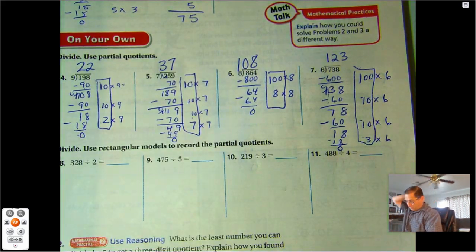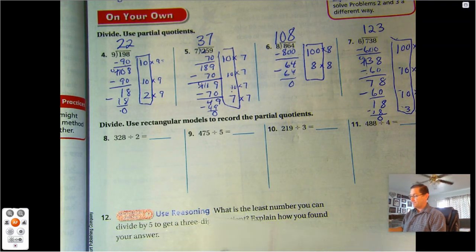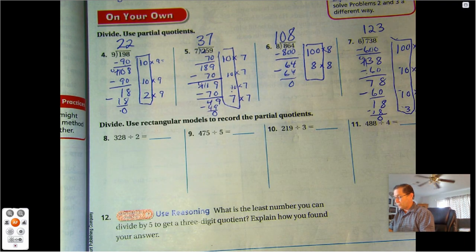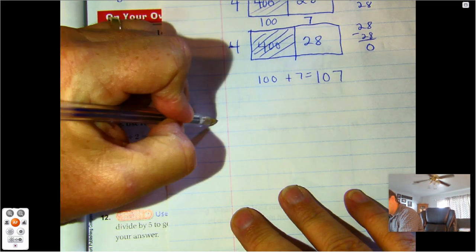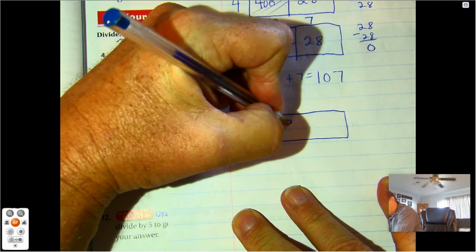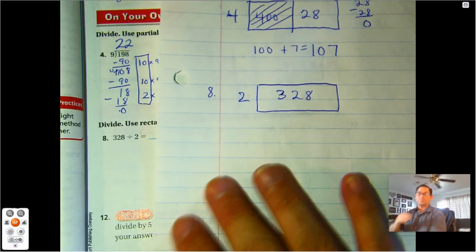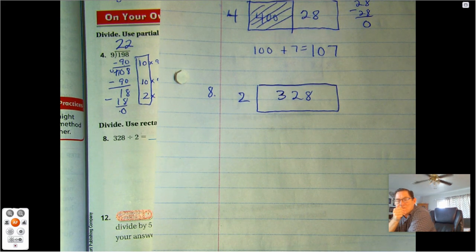All right, number 8. Use rectangular models to record the partial products. So we have our initial rectangle of 328. I'm going to divide by 2. So what do we want to start with? Well, I know that 2 times 100 is 200. I think I'm going to start there.